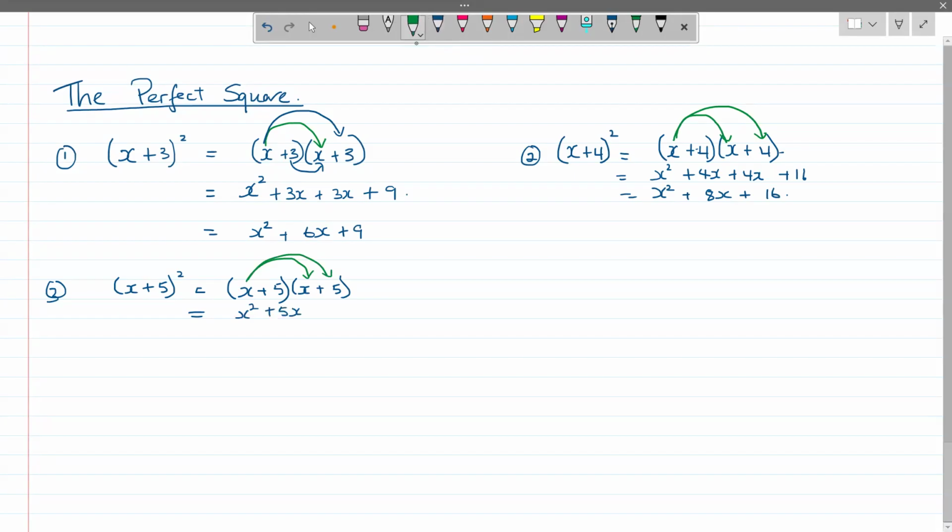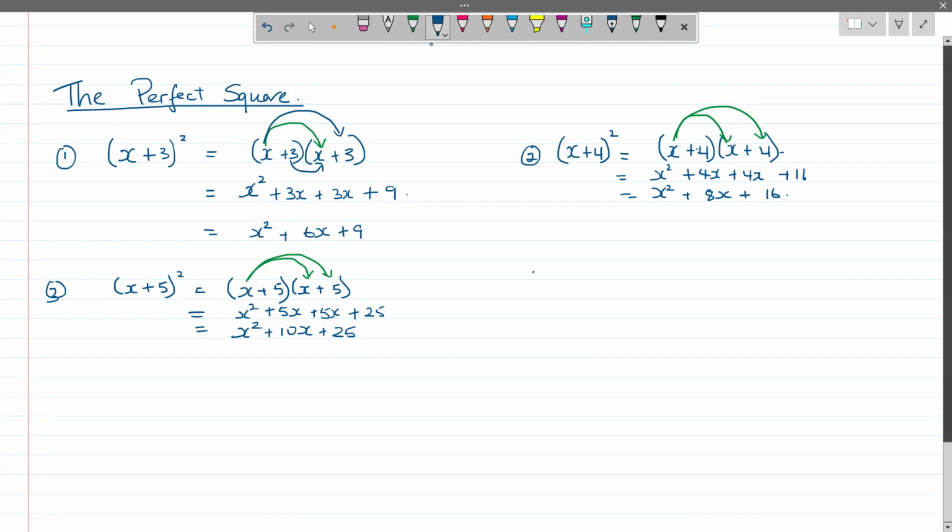And then we're doing 5 by x to give me plus 5x again. And then 5 by 5 to give me 25. So I'm going to get x squared plus 10x plus 25. Right?